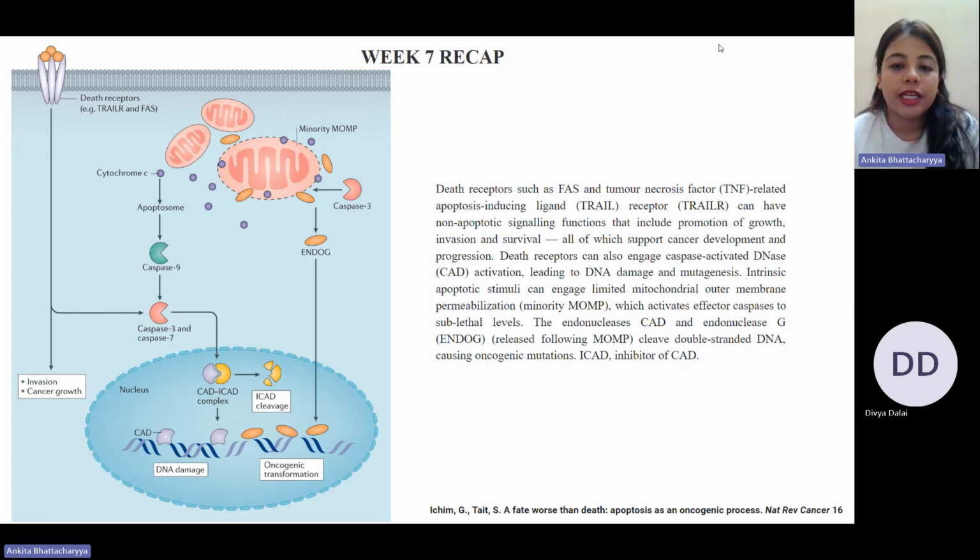So what it effectively does is that the endonucleases, which are CAD and endonuclease G, released after permeabilization of the mitochondrial outer membrane, go and cleave double-stranded DNA. They are cleaving in a very non-specific, random manner, creating DNA damage.